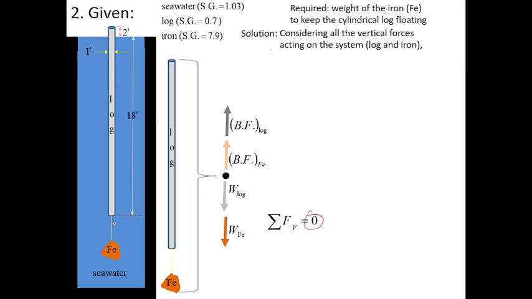Because the body is at rest, it is considered in equilibrium. The system is at rest. To maintain this condition of not moving, we say it is in equilibrium, and we can apply Newton's first law. So, in that case, summation of vertical forces equals 0.